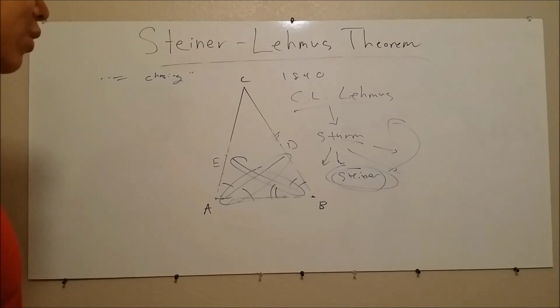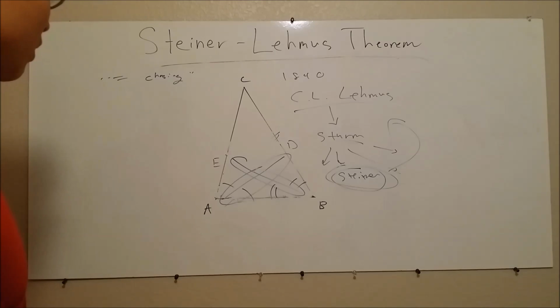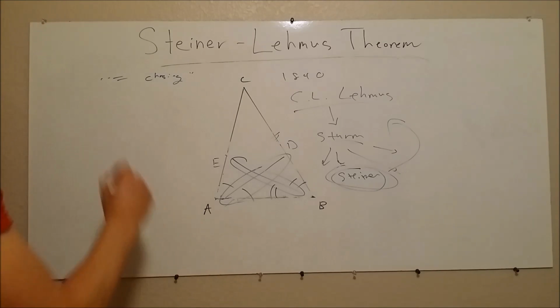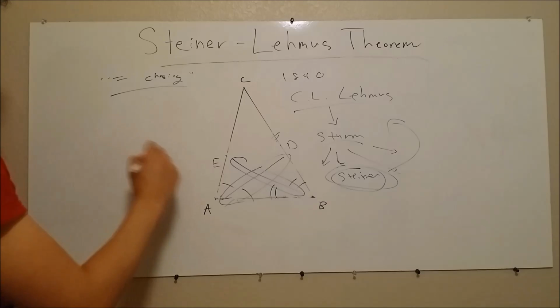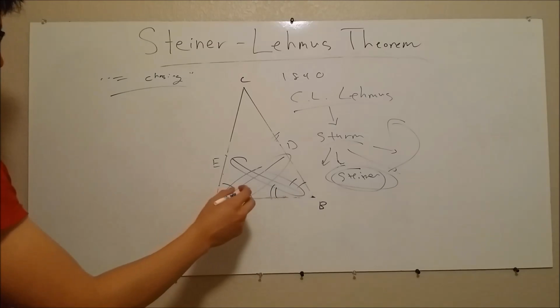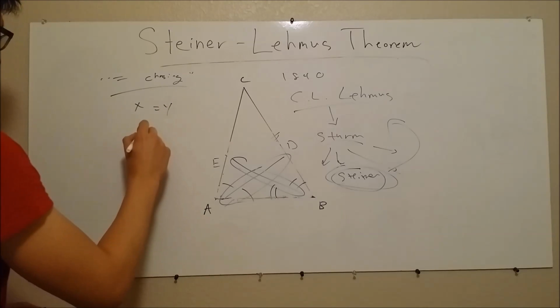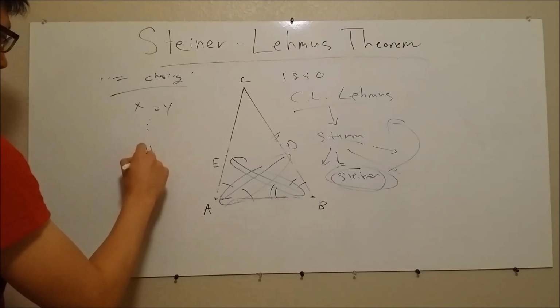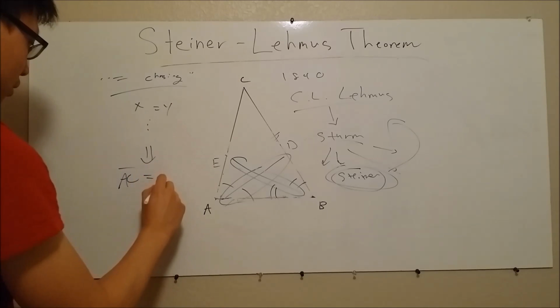Now a couple mathematicians claim to have proved that it's not possible. Conway has shown that you can't have an equality chasing proof, where we assume first that these two things are equal, X equals Y, and then we have other things, and we finally prove that AC is equal to BC.